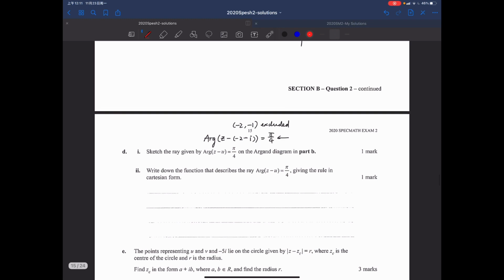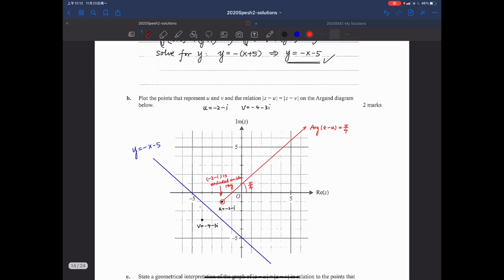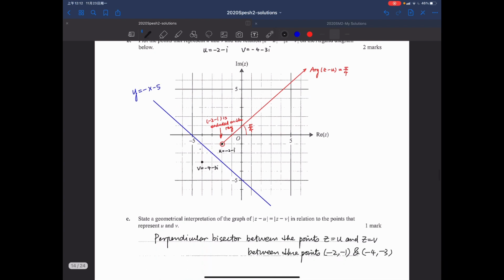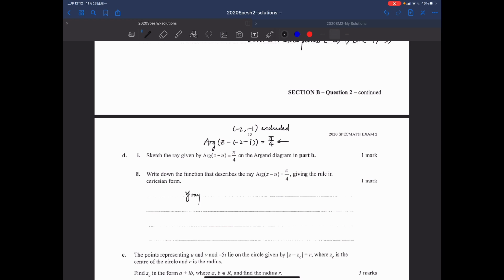And you want to write down the function that describes the ray, giving the rule in Cartesian form. So, we realize the gradient is 1 and the y-intercept is 1. And let's say y ray is x plus 1, where x is greater than minus 2, not greater than or equal to, because you want to exclude the starting point itself.